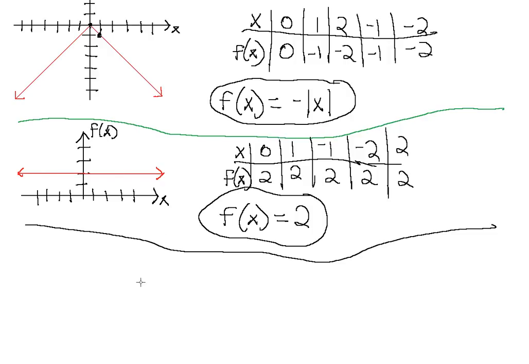Let's look at the next one. This function is going to be graphed solely in the first two quadrants. This is our f of x axis, and this is our x-axis. All right, let's scale this.